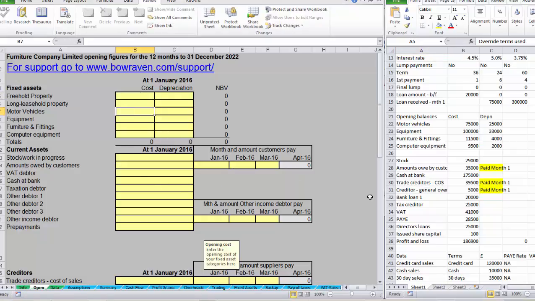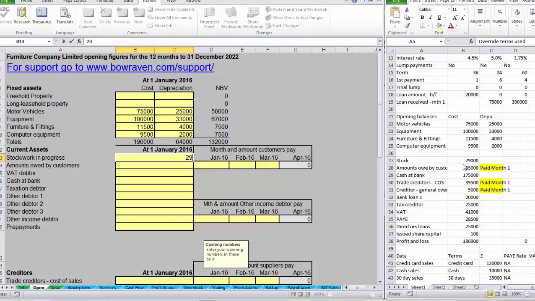So over here I have motor vehicles, £75,000 cost, £25,000 depreciation. Equipment, £100,000 and £33,000 depreciation. Furniture and fittings, 11,500, £4,000, and computer equipment, 9.5, and £2,000 depreciation.